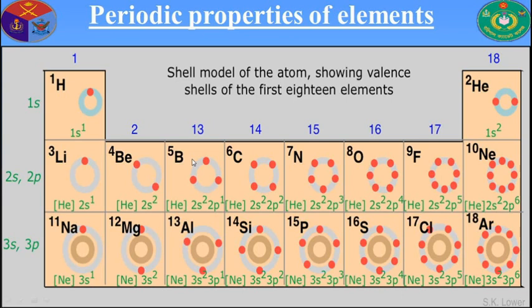And when we move from left to right in any period of the periodic table, the number of principal energy levels, that is the outermost energy level, remains the same, but the outermost electrons increase one by one.